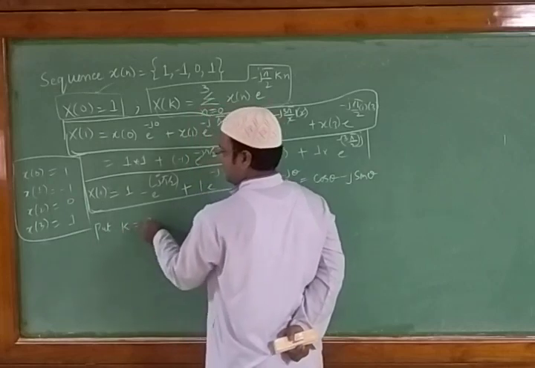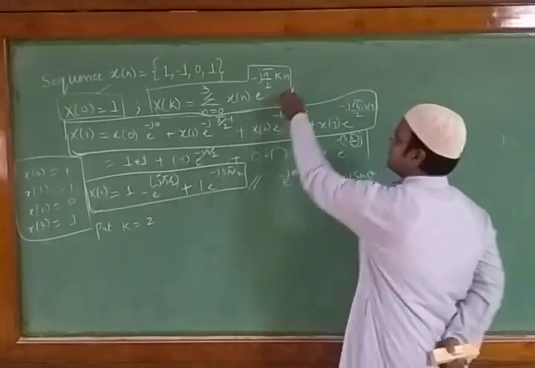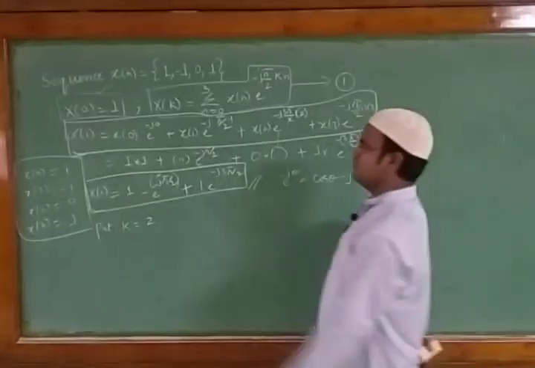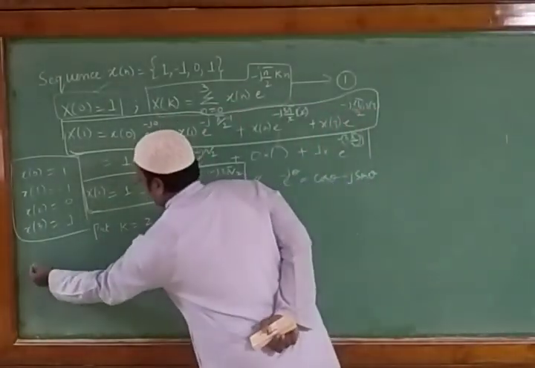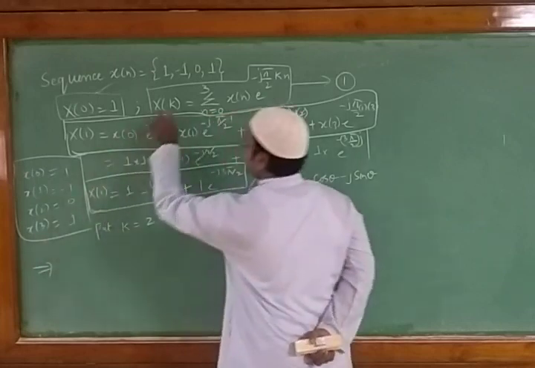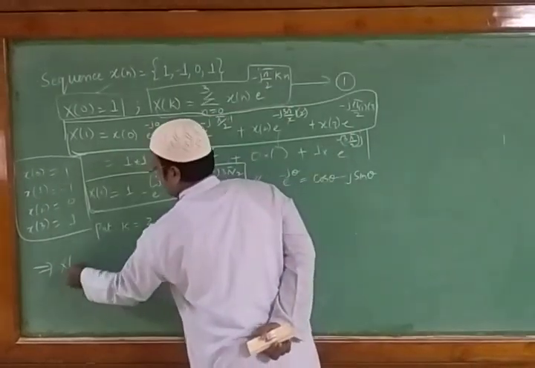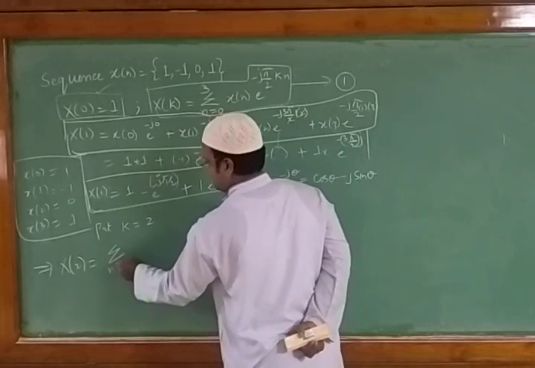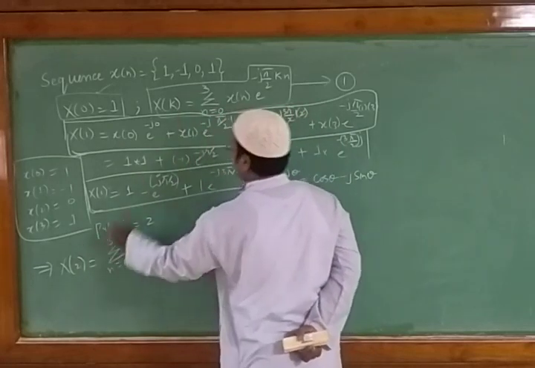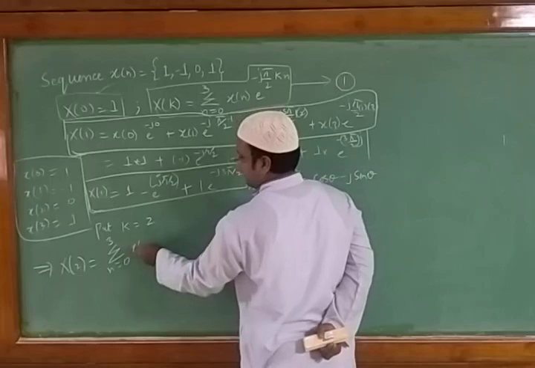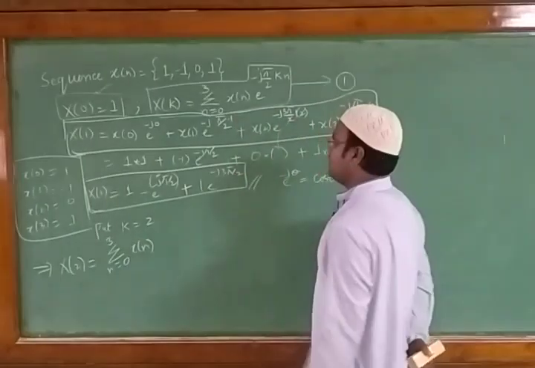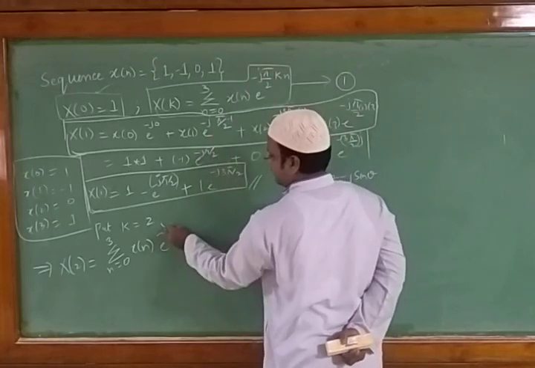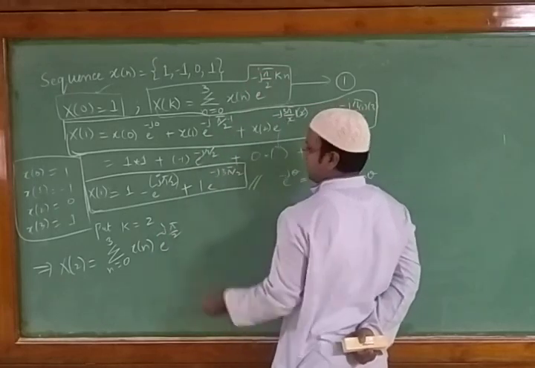K is equal to 2. So in this main equation, let it be your equation 1, you need to put the value of k equal to 2. So what is x of that number? K equal to 2 means X of 2 is equal to the same summation, n equals 0 to 3, x of n, because we are not putting the n value, let it be as it is, e power minus j pi by 2 as it is, into k, what is the k value we had?